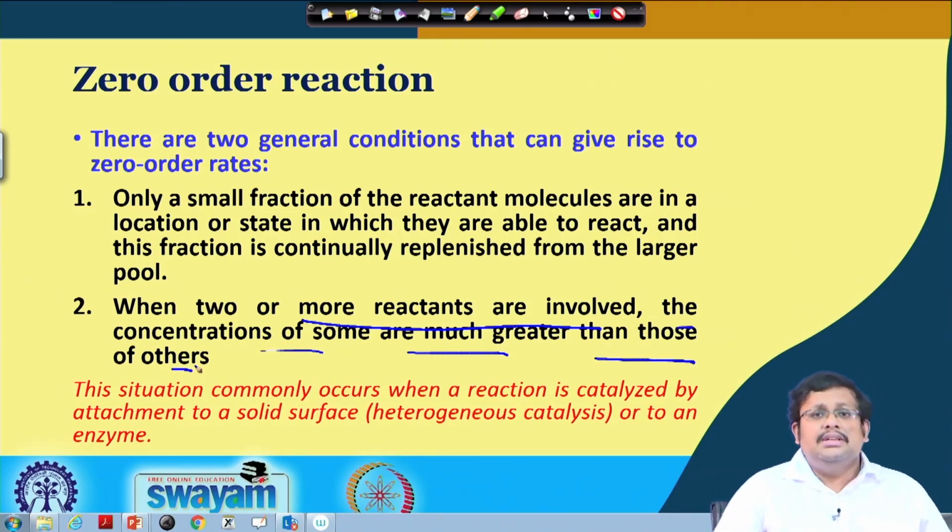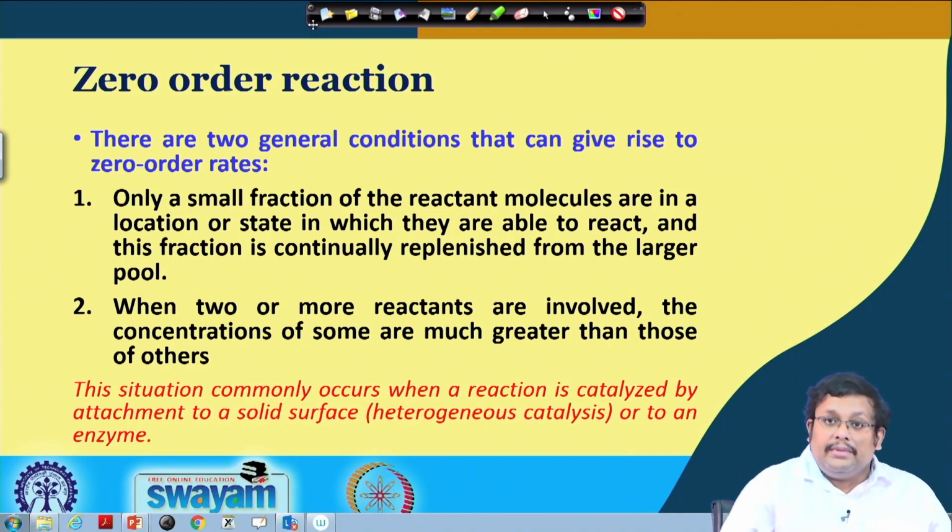This situation commonly occurs when a reaction is catalyzed by attachment to a solid surface, in case of heterogeneous catalysis, or to an enzyme. So, this type of zero order reaction mainly predominates in catalysis as well as in case of enzymes.